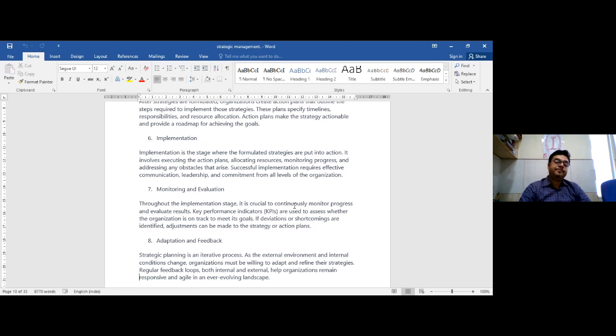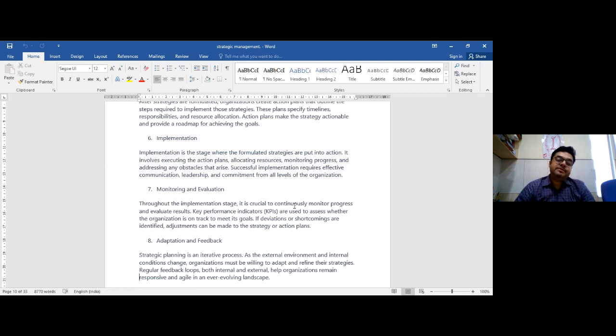There are regular feedback that can come back in terms of both the internal and external organization.